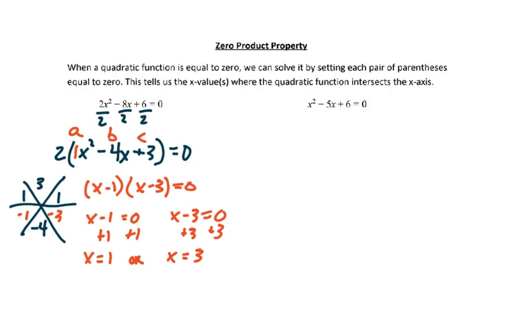So x equals 1 or x equals 3. Those are the two places, x value of 1 and x value of 3, where this particular quadratic function is going to hit the x-axis. That's the whole point. We're looking for the x-intercepts or the roots or the zeros. Those are the different words for it. Same deal here. We don't have anything to factor out, so we've got a, b, and c.